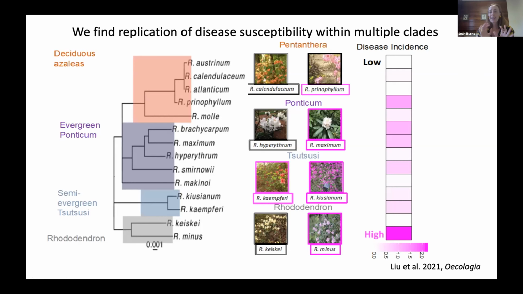It might not just be an idiosyncratic special thing that only deciduous azaleas can respond to. In fact, it might be a general thing. And as scientists, we would certainly like to understand where patterns are general.